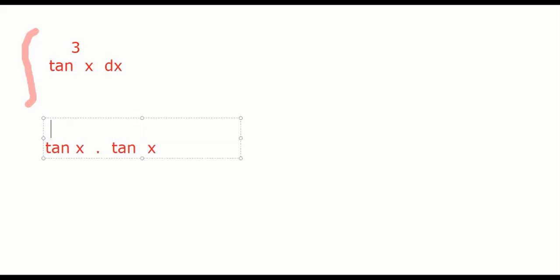The whole point is that we know the differentiation of tan x is secant square x, and we know tan square x we can always write in the form of secant square x. So tan cube x is tan x into tan square x, and tan square x means secant square x minus 1, trigonometry.